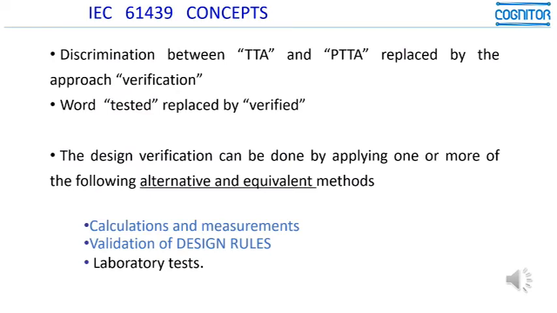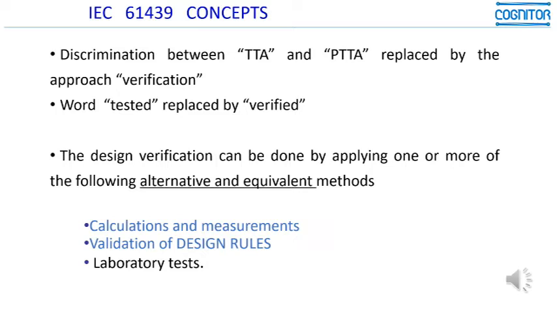In IEC 61439, some concepts were included, and the first one was that it stopped discriminating between the terms TTA, type tested assembly, and PTTA, partially type tested assembly, which were used in the series 60439.